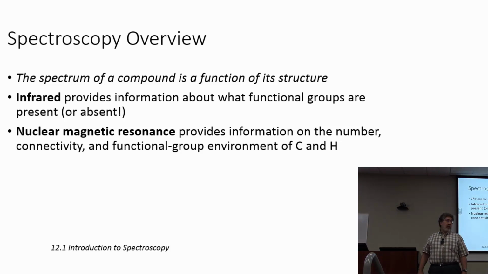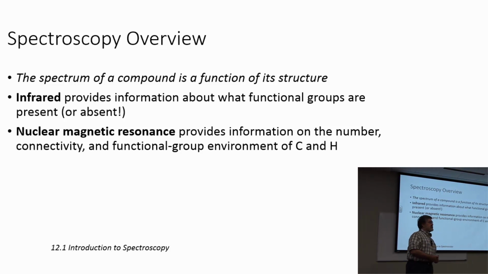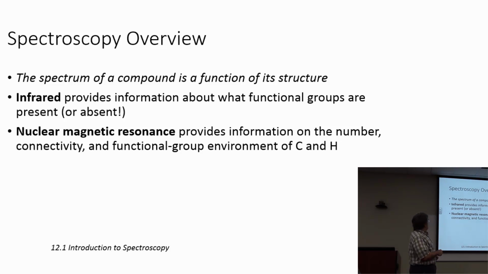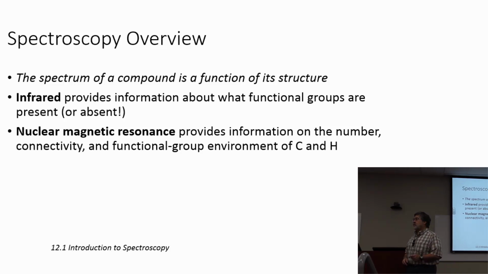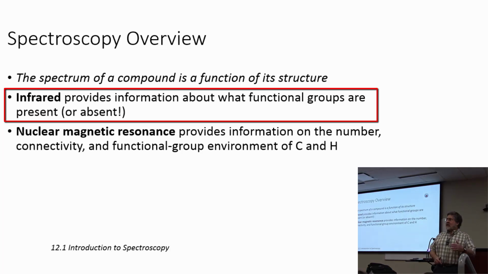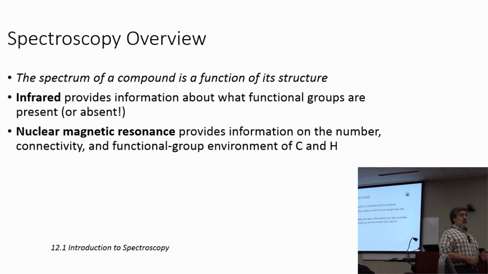Here's why we use both forms of spectroscopy in organic chemistry, and the emphasis of each of them. Infrared tells us about functional groups. This is why I sent that email yesterday that said, look in the inside cover of your textbook. There's a table of functional groups, and it's really a good idea to re-familiarize yourself with those functional groups, because that's what IR is about.